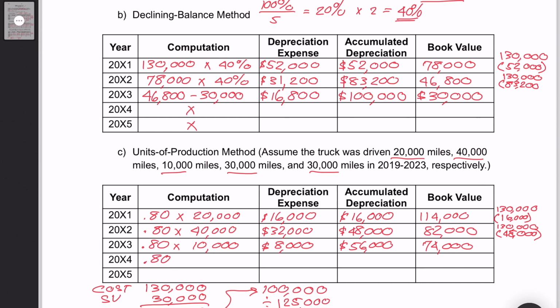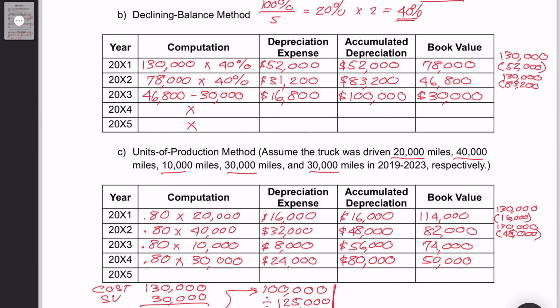Year number 4, the part that stays constant is our rate, our 80 cents, multiplied by 30,000 miles in year 4 is going to give us a cost of $24,000. Adding that to our prior year's accumulated depreciation, we are going to end up with $80,000 of accumulated depreciation, leaving us with a book value of $50,000.